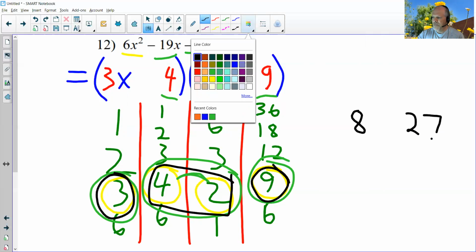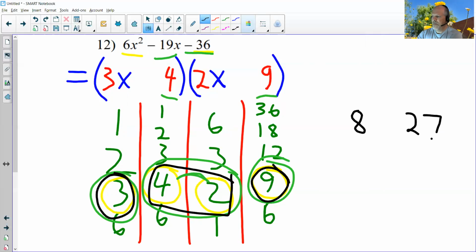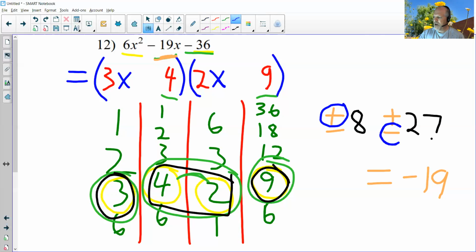Keep in mind that I can use either pluses or minuses on both of these, and it should equal negative 19 from our original trinomial. So would I use pluses or minuses? If I do positive 8 minus 27, it equals negative 19. So I need my 8 to be positive.